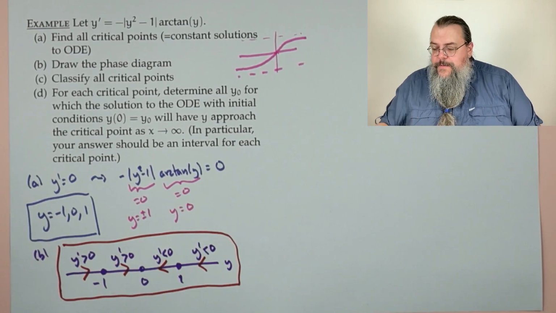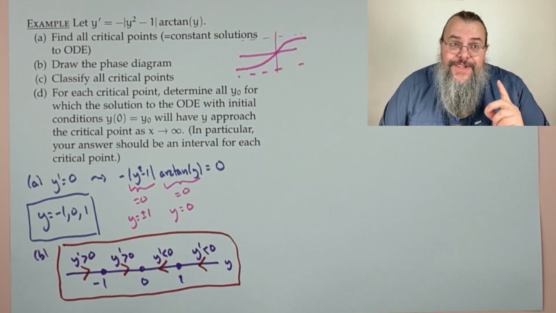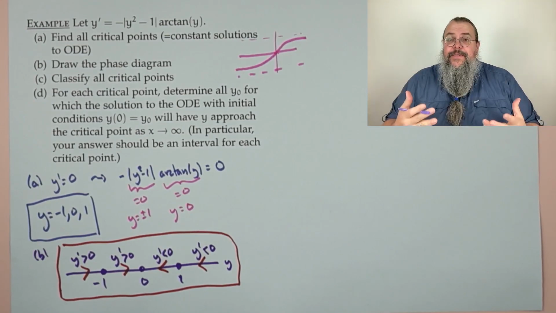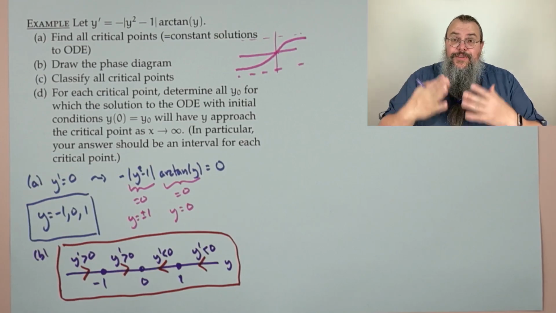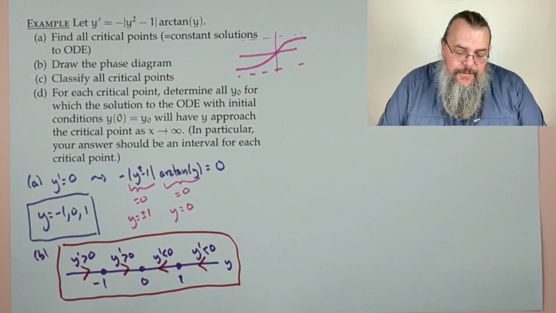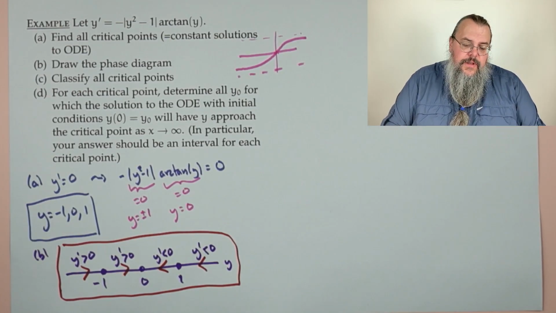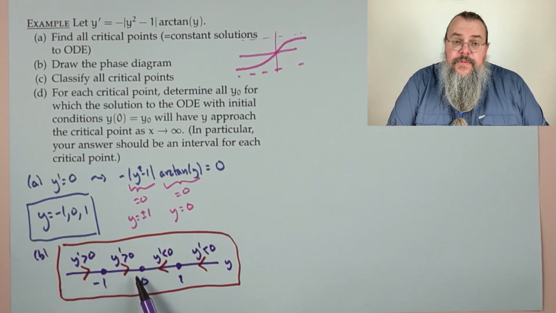Great. Wonderful. Now, part C. Classify. Now, C is almost automatic. As soon as you have a phase diagram, you just read the arrows. And you say, okay, well, what's going on? Well, we see that for -1, our arrows point in the same direction.